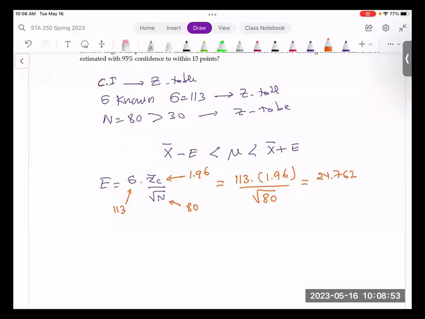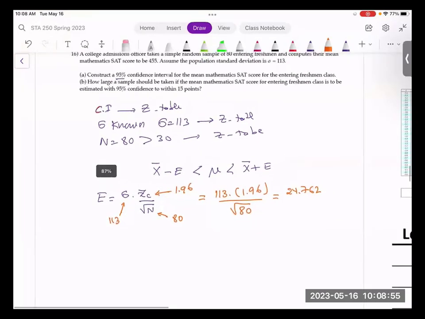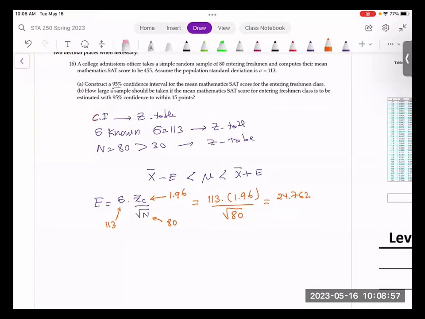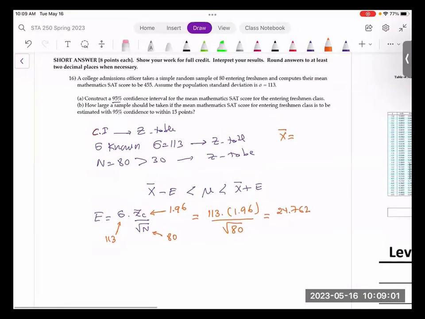Are we okay? So now what you need as well, you need the X bar. What's the value of the X bar? X bar is 455, right? We good? So you're done, right?